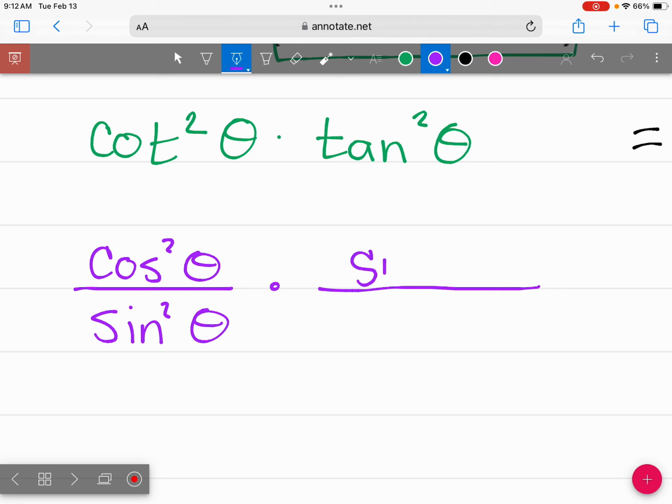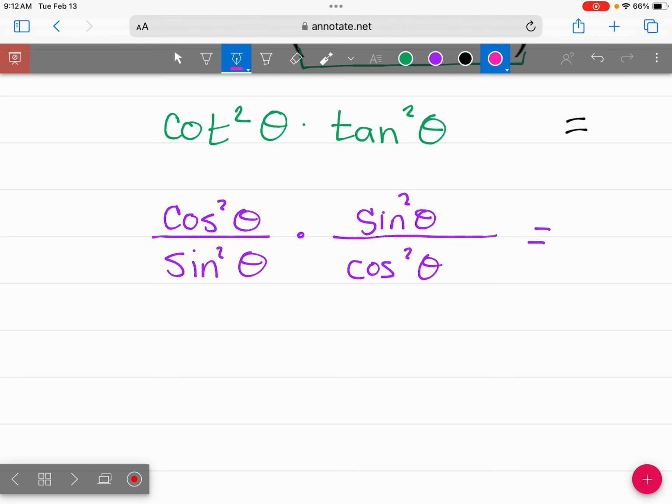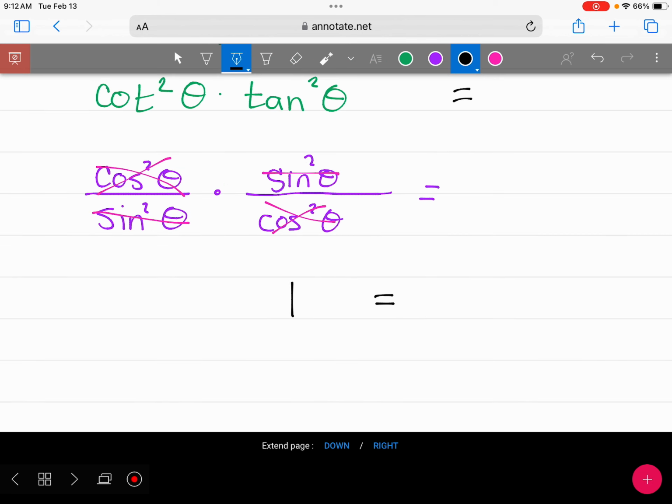And tangent squared is sine squared of theta over cosine squared of theta. What happens with my sines? They cancel. What happens with my cosines? They cancel out. So we're left with 1 equals 1.